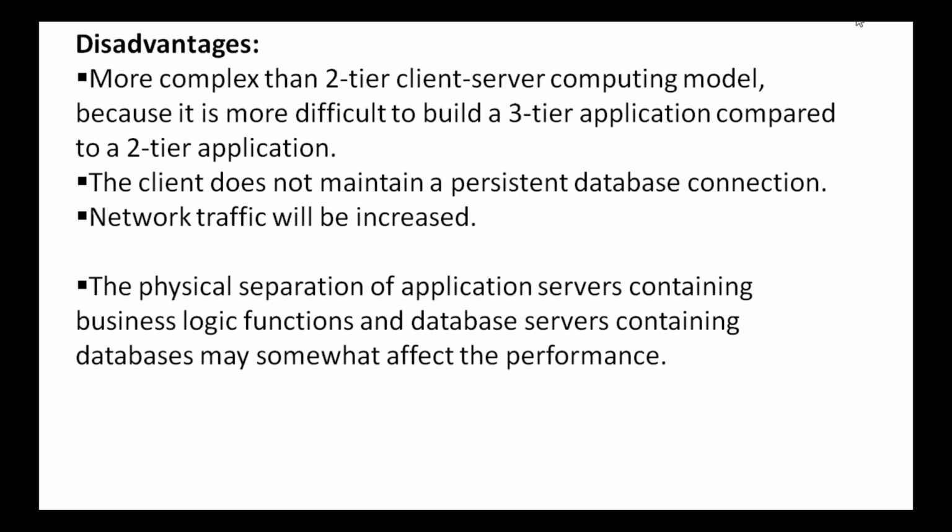Because whatever requests are made by the clients have to travel from the client to the application tier, and the application tier gets the data from the database server. Data and requests must be transported from client to application server to database server, and from database server to application server to client. So network traffic will increase.